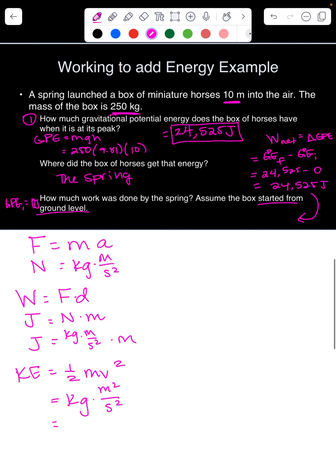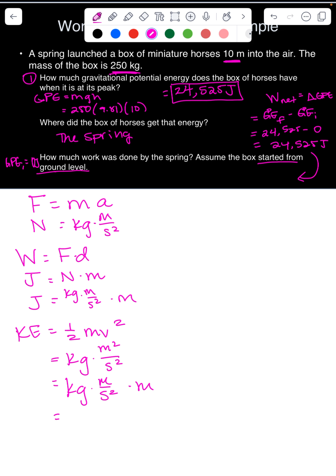We have a kilogram meter per second squared times a meter. Well, what do we know that a kilogram meter per second squared is? That's a Newton. So we have a Newton meter, which is the same thing as a joule. So kinetic energy is measured in joules.